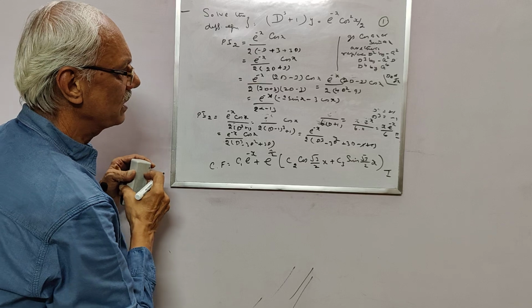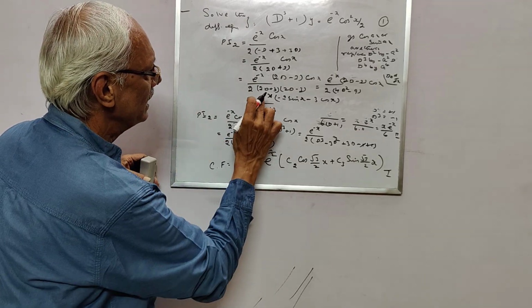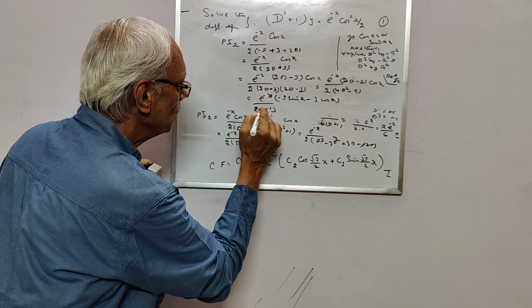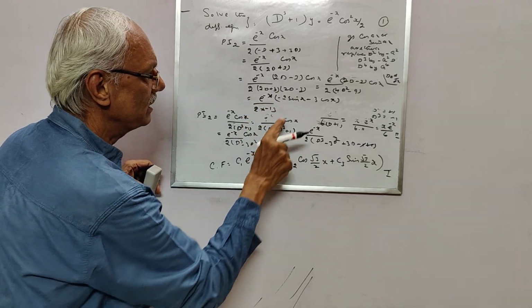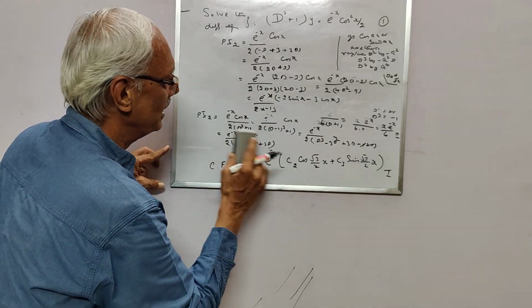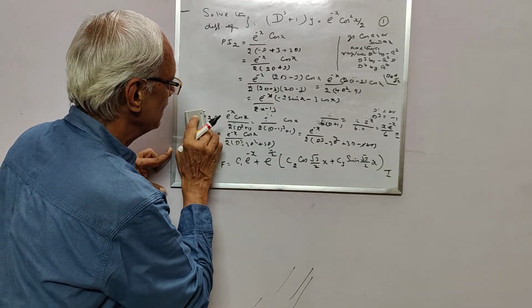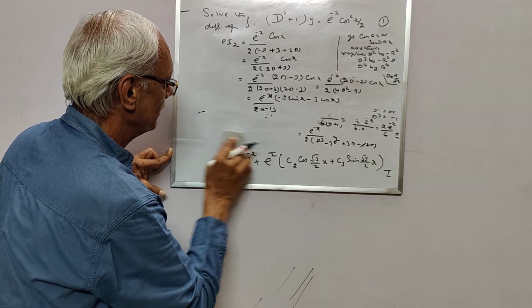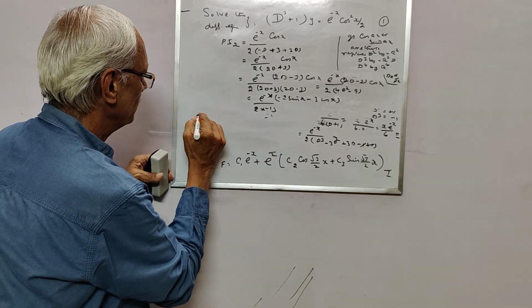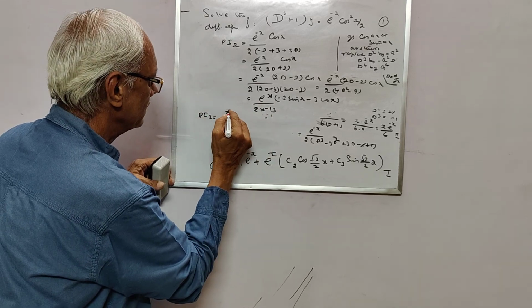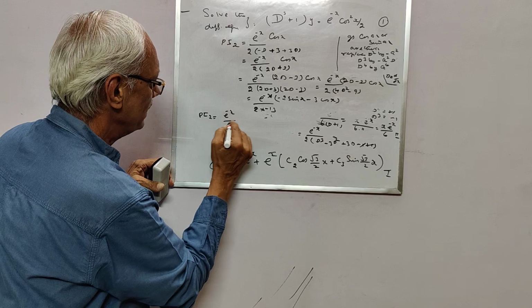So what do you get here now? You get it as e to the power of minus x divided by 2 into minus 13, into minus 2 sin x minus 3 cos x. So what is that you get here now? You get pi2 as e to the power of minus x divided by minus 26.